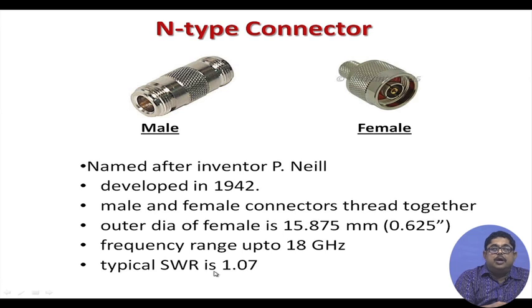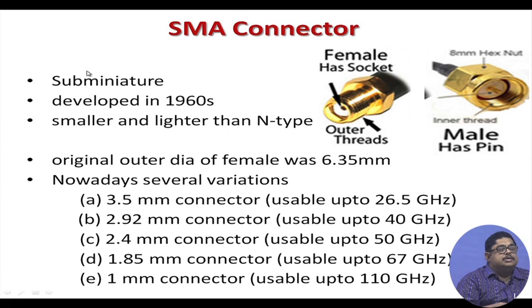Typical VSWR, which shows how much power is lost in reflection, that means the impedance matching property, is 1.07, quite good. N-type connector is very much used nowadays, not for very precision, but for moderate precision work N-type connectors are used.